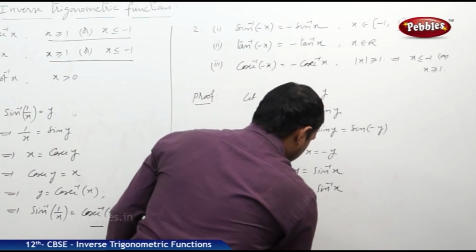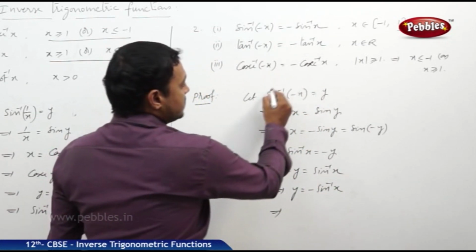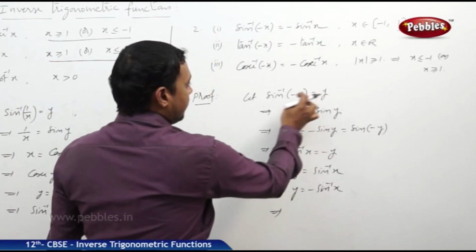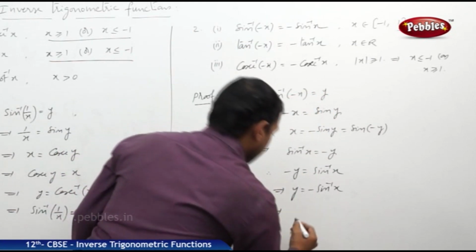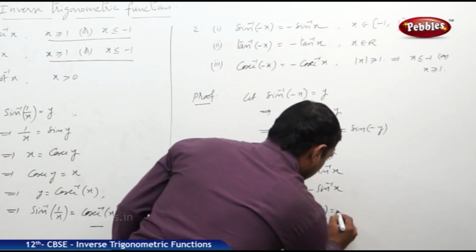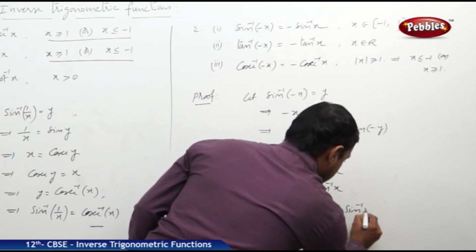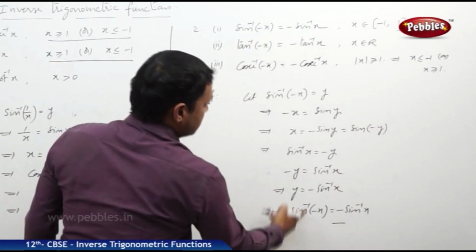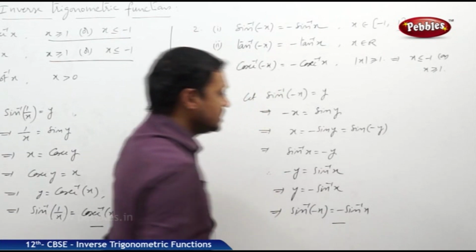But what is y? We have considered sin inverse of minus x is equal to y. So replace y by sin inverse of minus x. Sin inverse of minus x is equal to minus sin inverse x. You know, the first statement: sin inverse of minus x is equal to minus sin inverse x.